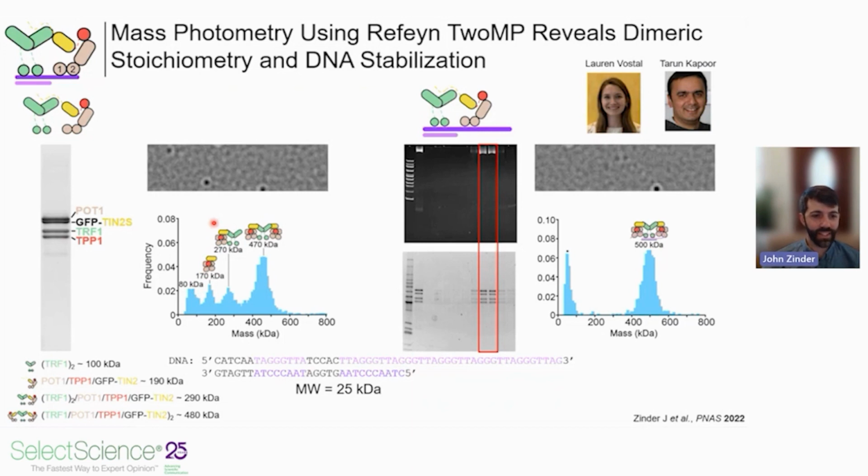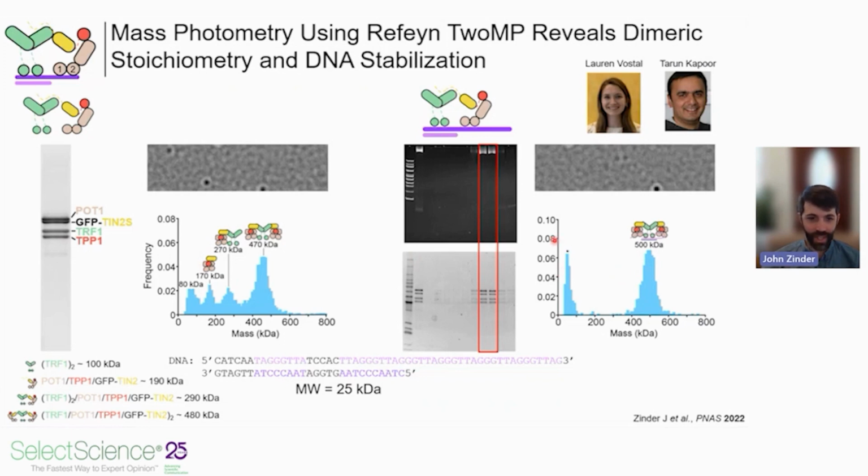So it looks like things are sort of falling apart in the absence of DNA in this complex at least. And what was really satisfying is the whole thing coalesced into a single peak that was shifted by approximately the molecular weight of the DNA substrate that we were using in the presence of this DNA. So now we had all this nasty heterogeneity in terms of composition, and DNA seemed to solve that entirely.